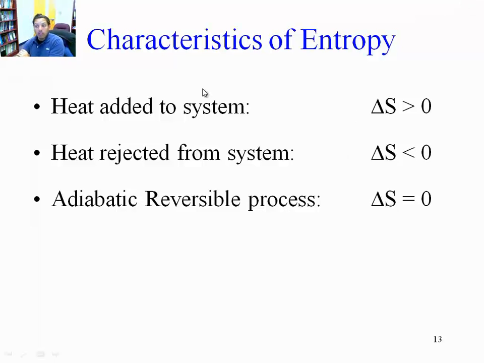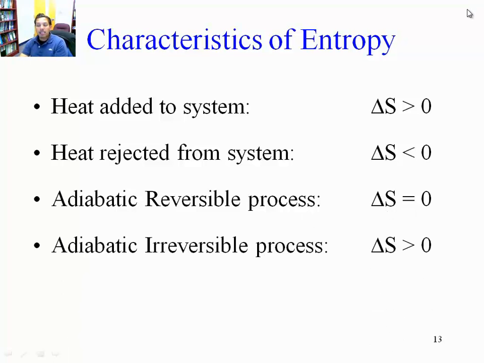But that is only true for adiabatic and reversible processes. If there are internal irreversibilities, then delta S is no longer 0. If you have an adiabatic process but with internal irreversibilities, the change of entropy will always be greater than 0, so basically the entropy will always increase.